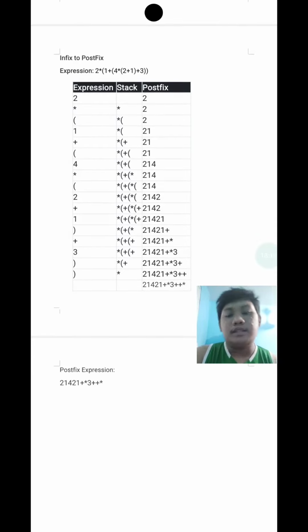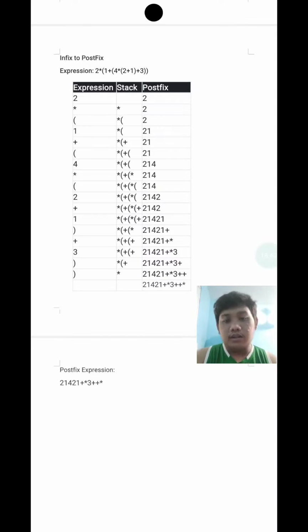Next is the plus symbol. Since it is an operator, it will be pushed to our stack. Our stack now is times, parenthesis, plus, parenthesis, times, parenthesis, plus, and our output is 2, 1, 4 and 2.